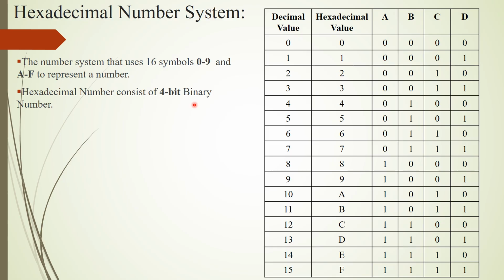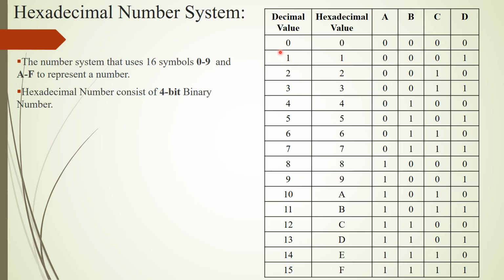In the last slide we saw the octal number system consists of 3-bit binary numbers, and the hexadecimal number system consists of 4-bit binary numbers. Let's see the truth table of the hexadecimal number system. It is the 4-bit binary number system, so A, B, C, D, these are 4 variables.